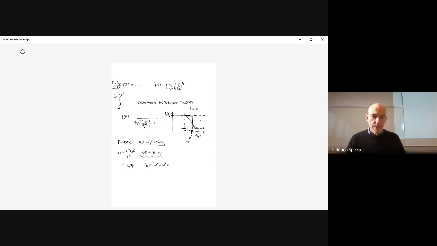And that temperature is not met in usual experiments. That's why, in many cases, the dependence will be very, very close to the dependence that we have for a step function.